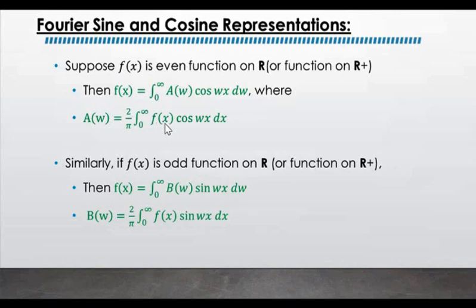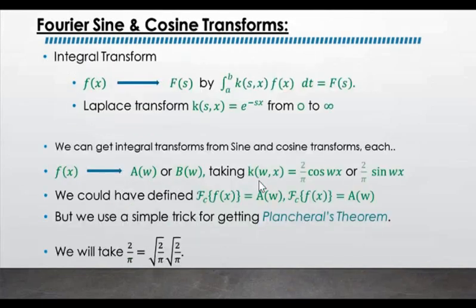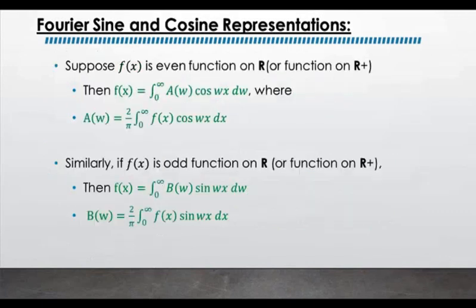So f of x is converted into a new function of a new variable omega, this a omega. That is similar to this, that is f of x is multiplied by a new function, and the answer is obtained in terms of a new variable.